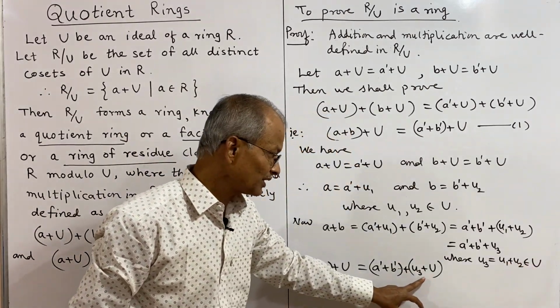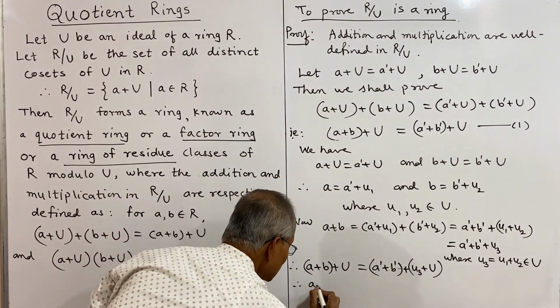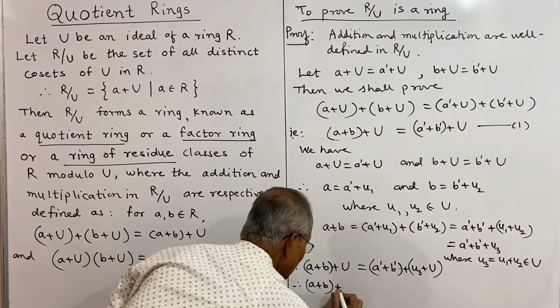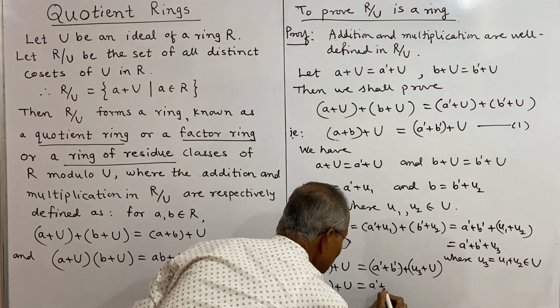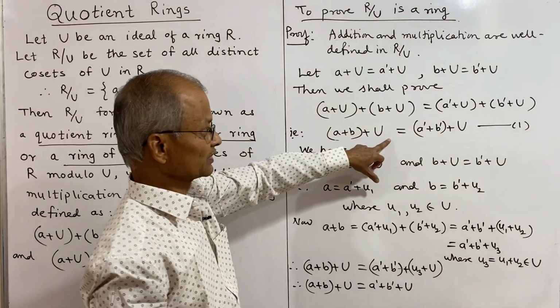By closure property, this is u, and therefore we have a plus b plus u is equal to a dash plus b dash plus u, and this proves first.